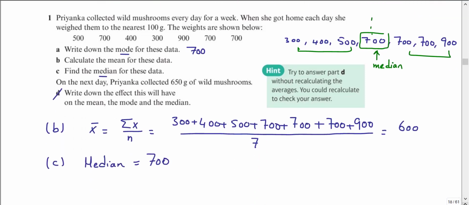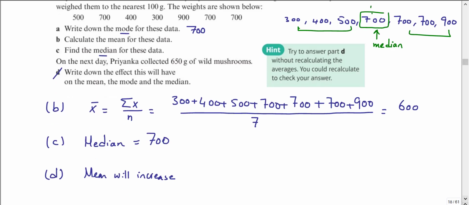Yes, because we added new data. So the mean will increase, meaning it will be a higher value. First, we had the mean 600. We expect it to be higher, but you don't need to find it. They didn't ask to find the mean, the median or the mode.